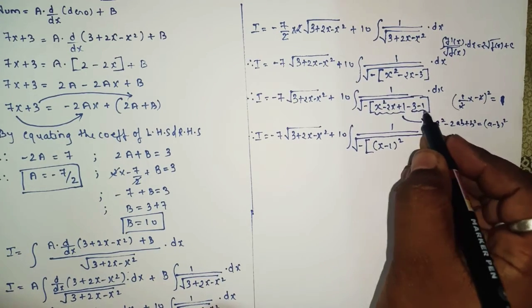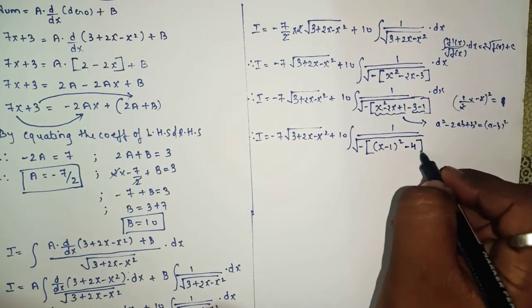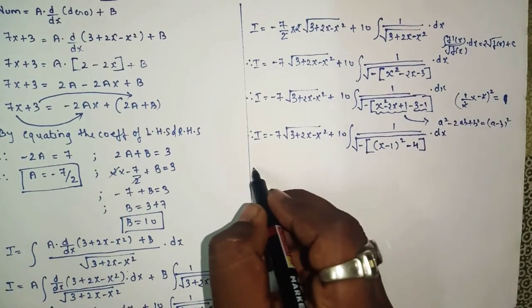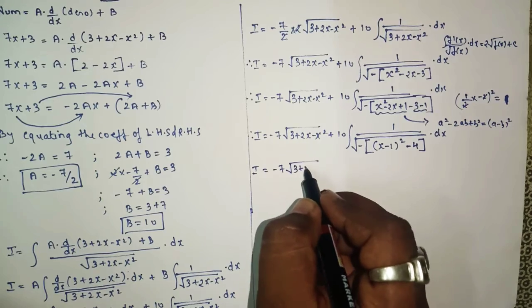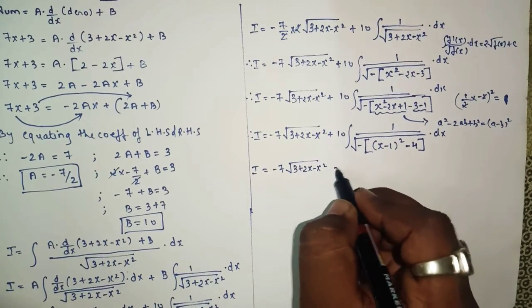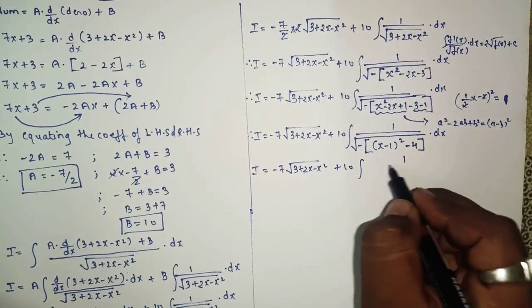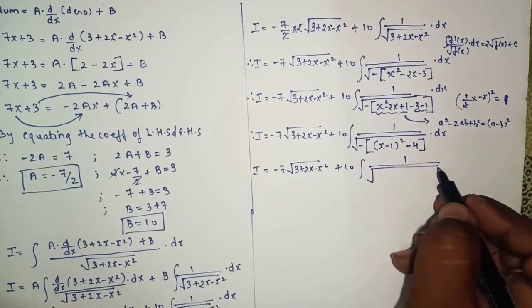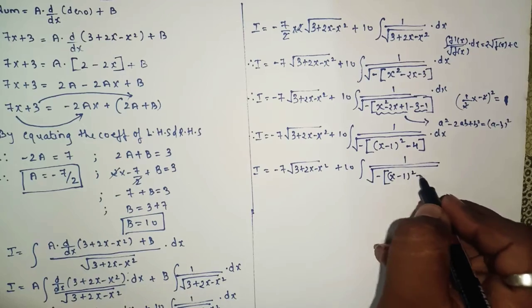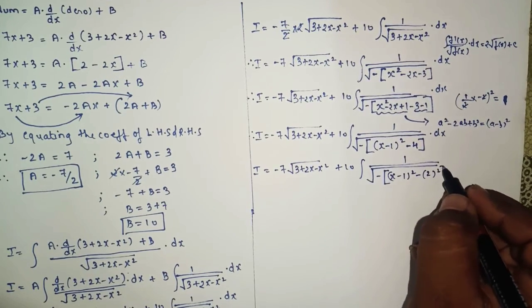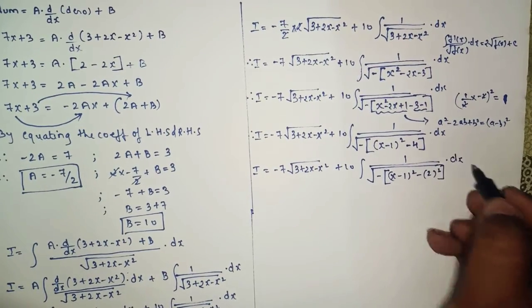And what about minus 3 minus 1? You can write as minus 4. Okay. Further, this we can write as what? Minus x minus 1 the whole square. 2 we can write as 2 the whole square. Yes or no? Into dx.